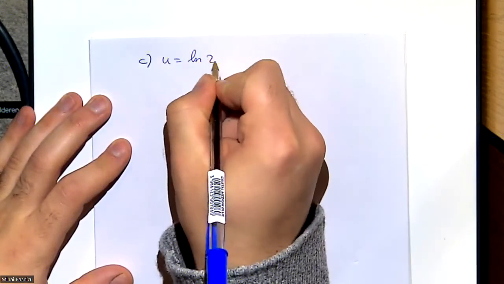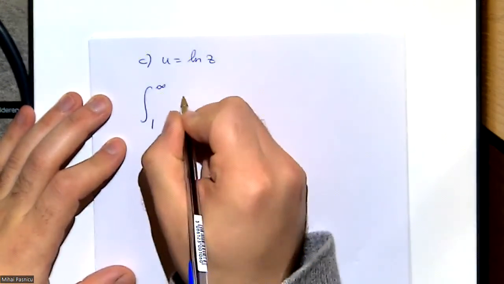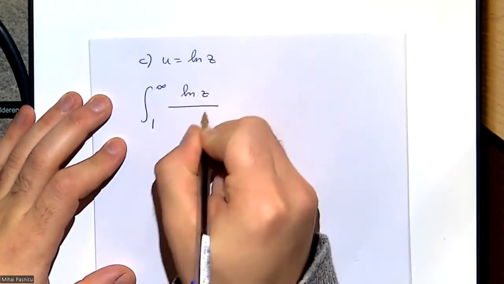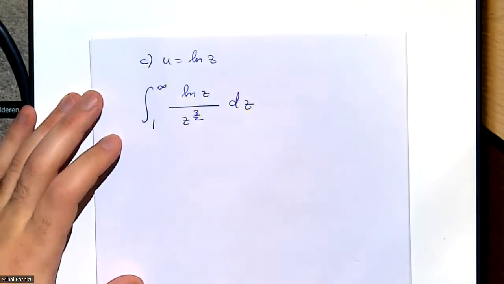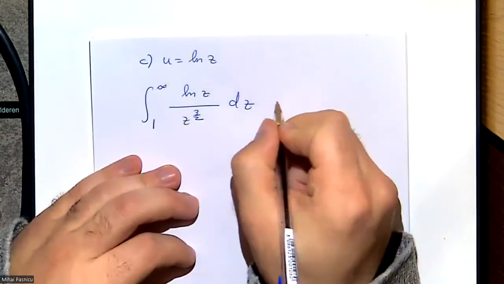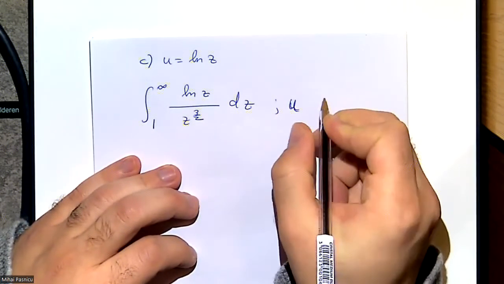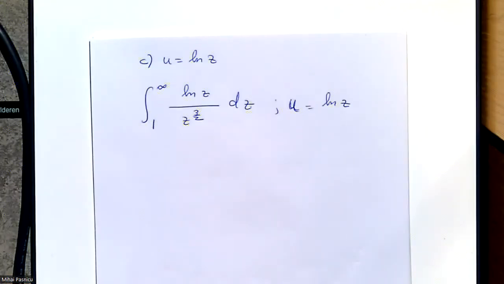So you have the integral from 1 to infinity of ln of z over z to the 3 over 2, dz. This is a simple problem because it tells you what substitution to use. I think it would have been more interesting if they didn't tell you and just gave you another factor or two.